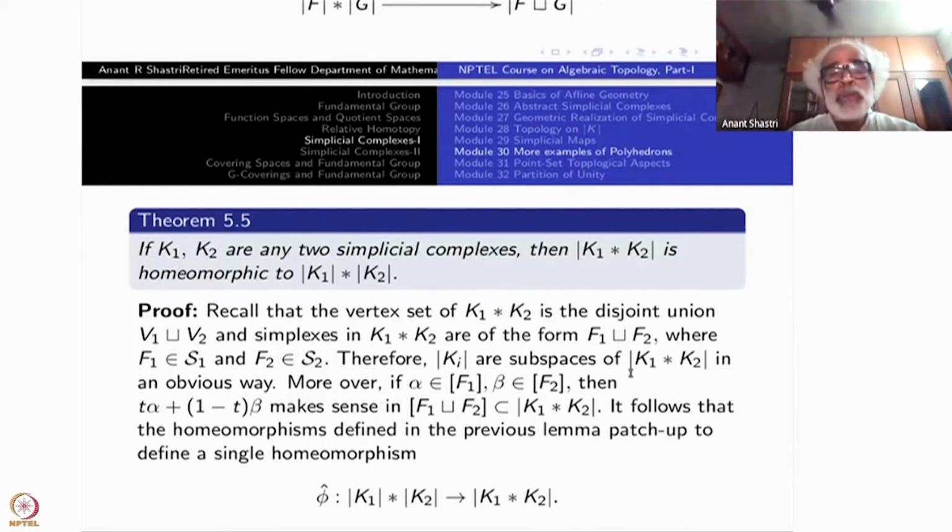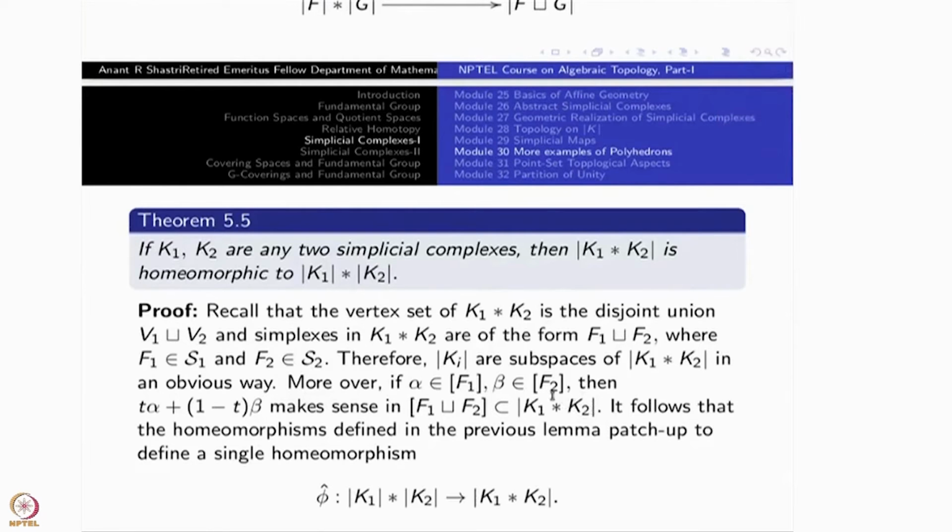Moreover, if alpha is in F1 and beta is in F2, then t times alpha plus 1 minus t times beta makes sense in F1 disjoint union F2 itself. You don't have to go outside. F1 disjoint union F2 has an affine structure, so that is contained inside K1 star K2.